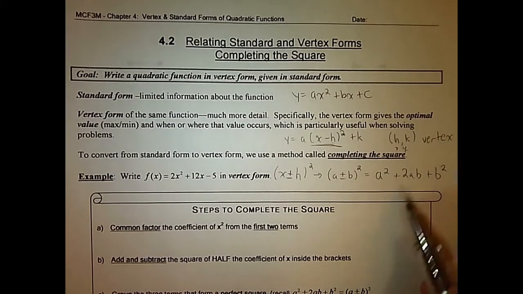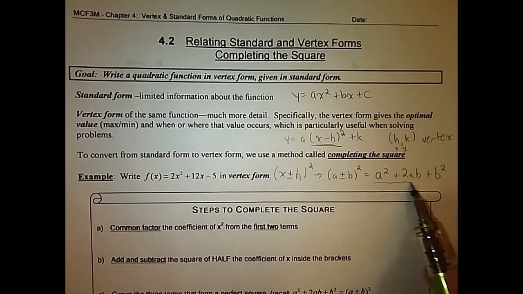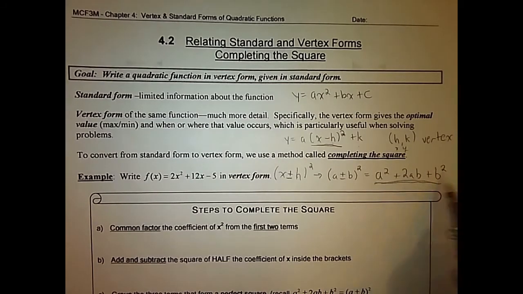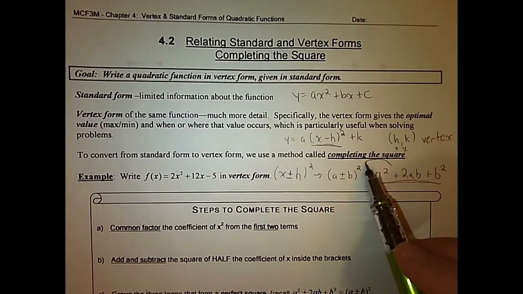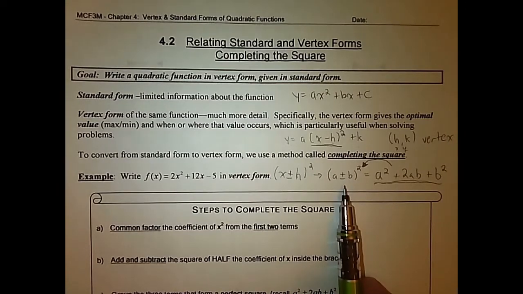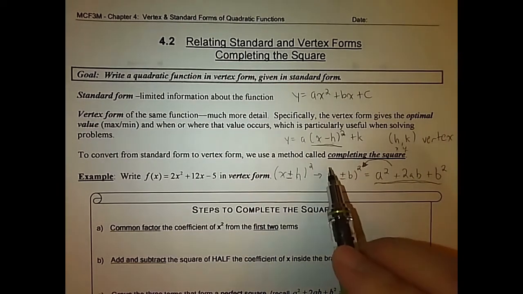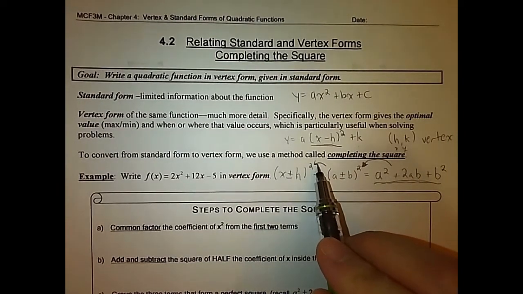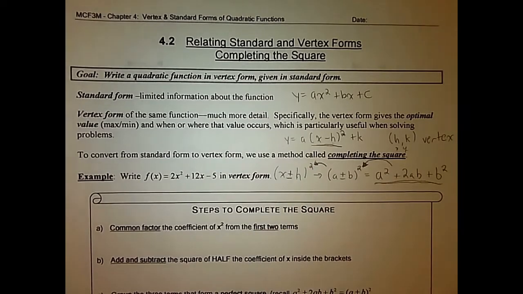So what we're actually looking to get is this form. Once I have this form, I can go to this form where it becomes a perfect square, so it factors nicely to this form, and then when I have it in this form, it'll help me find the vertex. So our goal is to get this, so that it helps us get it into vertex form.